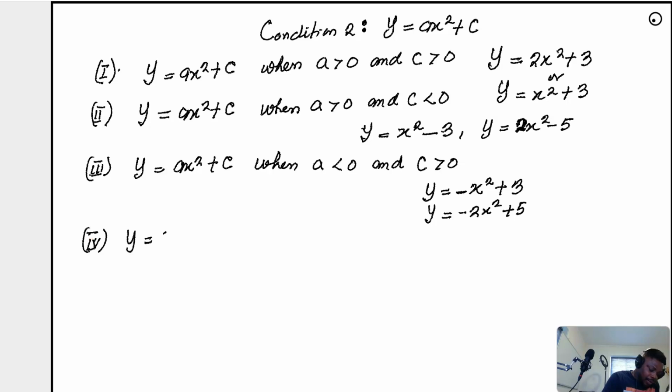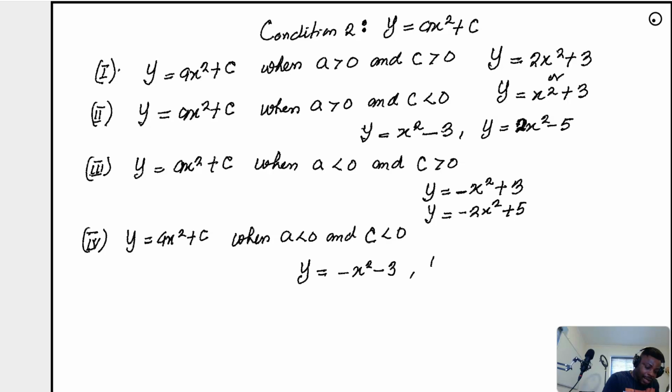Then the last aspect of that is y is equal to ax squared plus c, that means when a is less than 0 and c is less than 0. So in that case, you can have something like this: minus x squared minus 5.